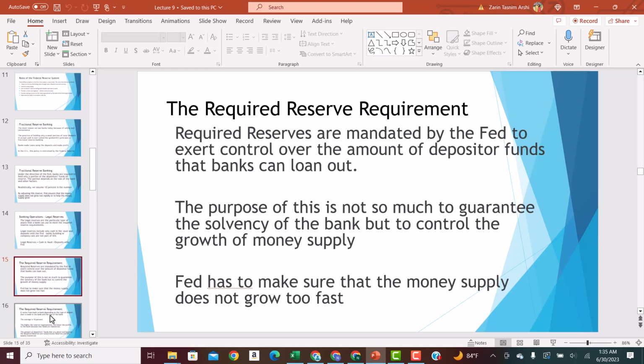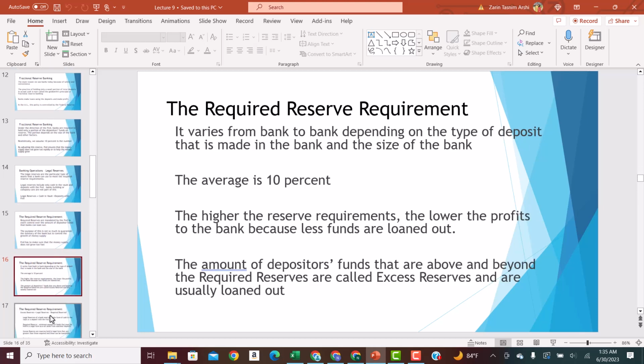We also talked about what required reserve is, right? Required reserve is the reserve that banks are mandated or required to keep or set aside by the Fed. They basically do that to control the money supply, not to guarantee the solvency of the bank. The reserve requirements will vary from bank to bank, whether it's a community bank or a nationwide bank.